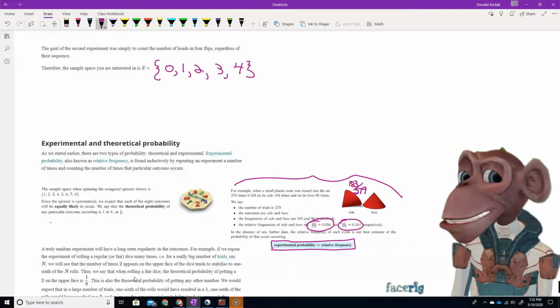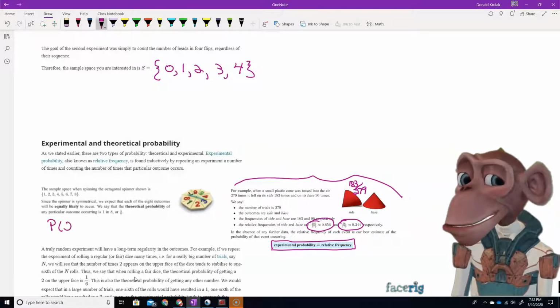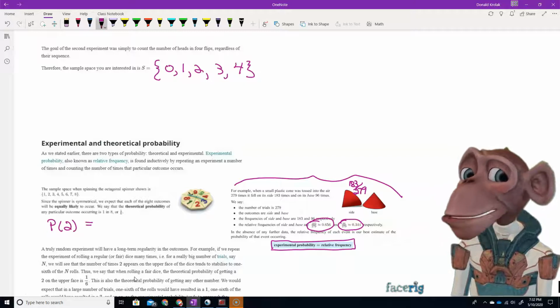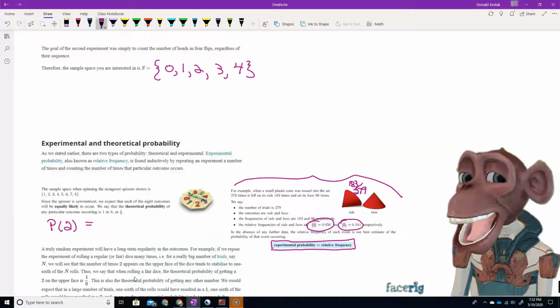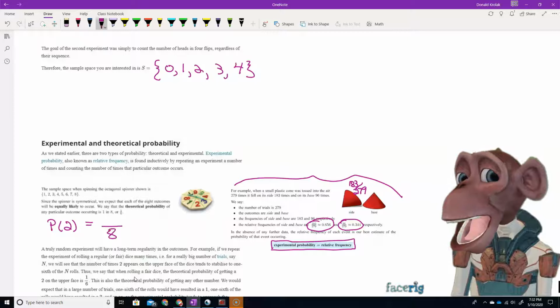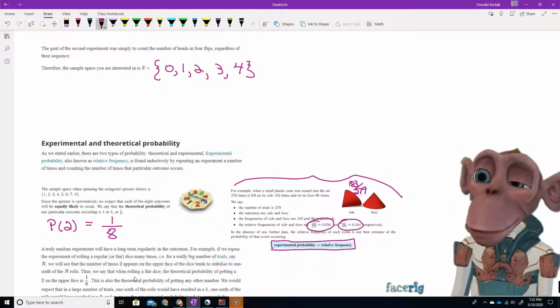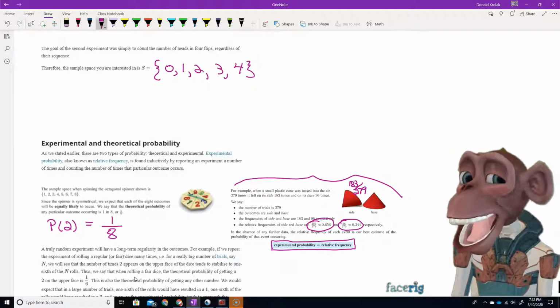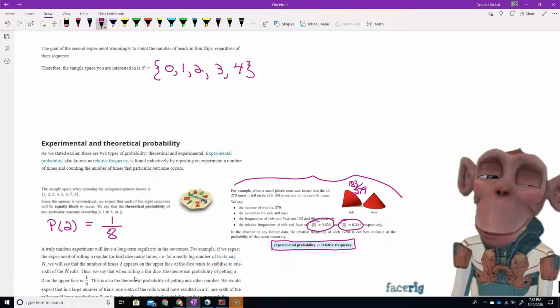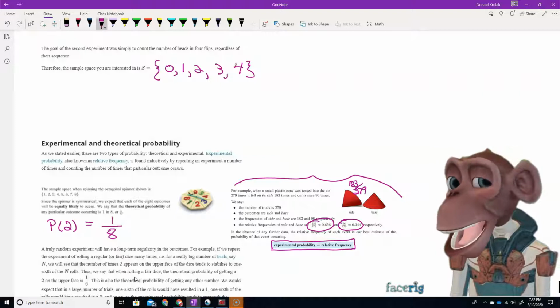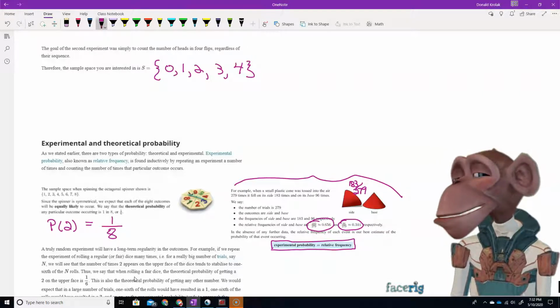I said, what's the probability of spinning a 2? There's 8 outcomes. One of them is a 2, so that's the probability. And the probability of getting any one of these would be the same. They would all be 1/8. We don't have to do an experiment.